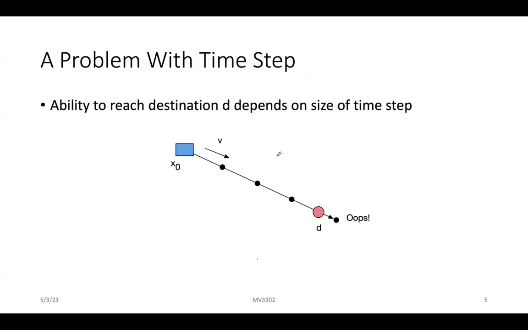In other situations, this also has a name. Have you heard the term bullet through the paper? Say this is a piece of paper and you're firing a bullet at that paper, and we're trying to simulate that.